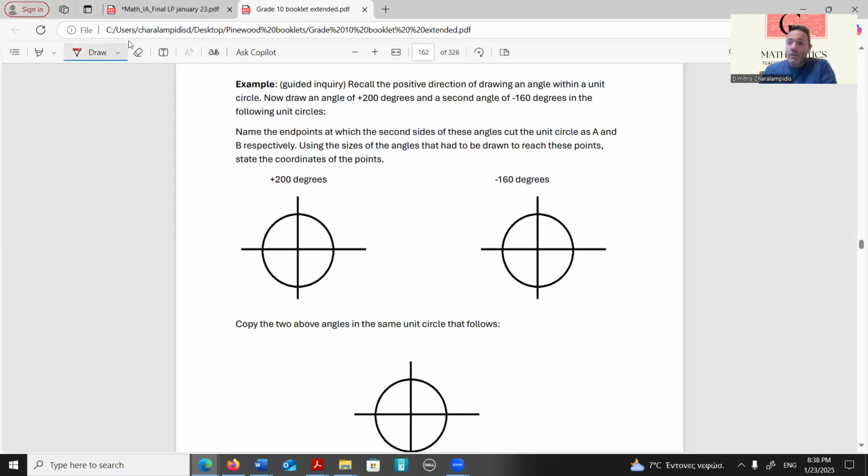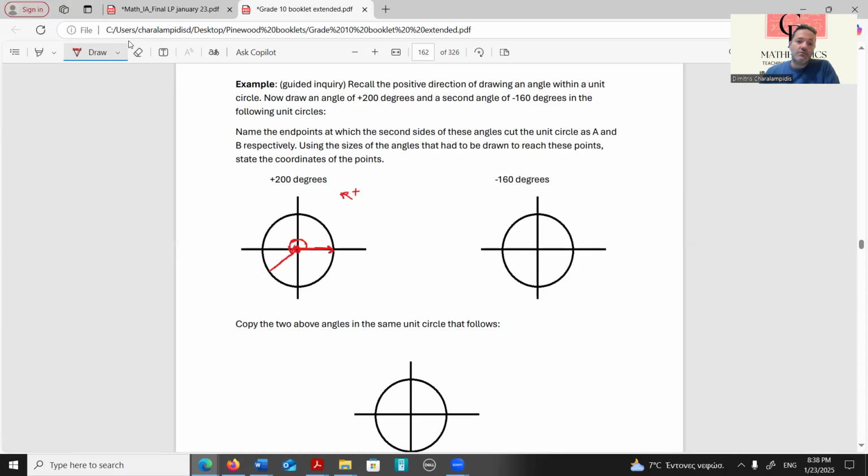In order to draw an angle within a unit circle, I always begin by drawing the first side of the angle so that it lies on the positive horizontal direction, and then moving in the anti-clockwise manner, which is the positive direction of drawing an angle, we go up to the point of completing the needed angle's size. So it's 90 degrees first, then another 90 degrees, and then another 20.